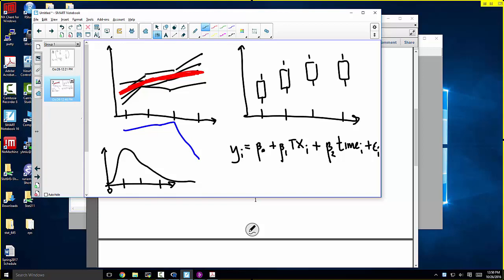But there's no reason to expect that there's always going to be a linear time course. The picture bottom left is not a linear time course. So what we're going to consider today is, instead of doing a linear trend in time, what if we allow for there to be some curve, some function of time?